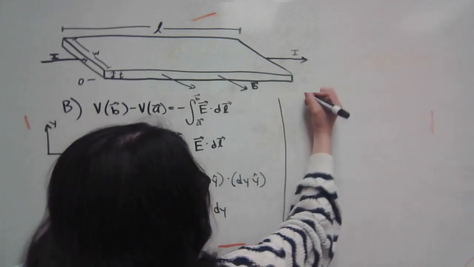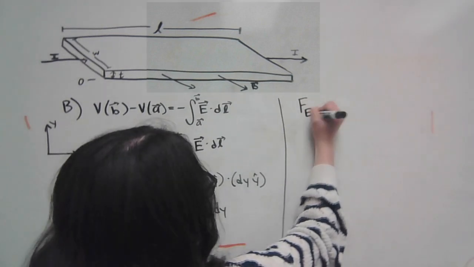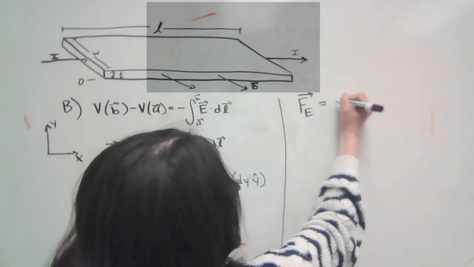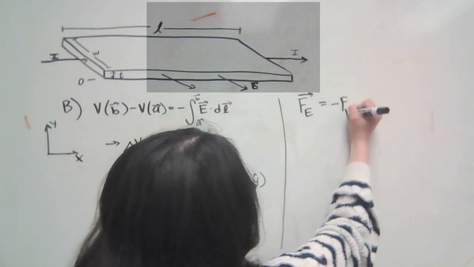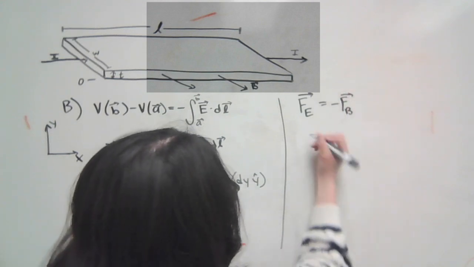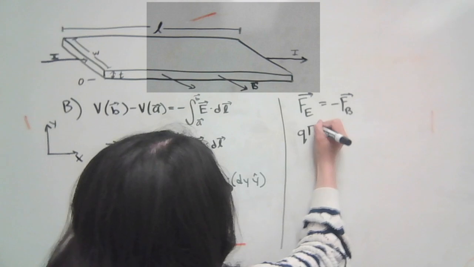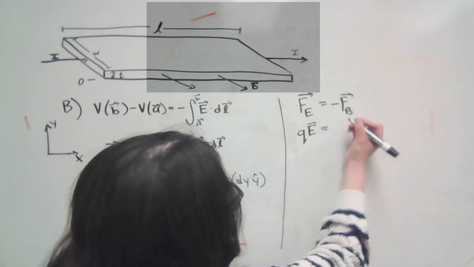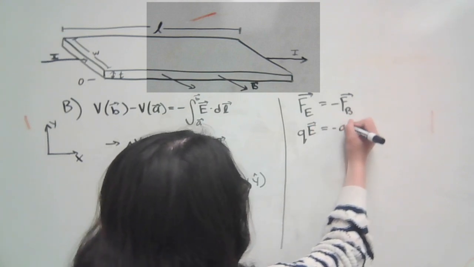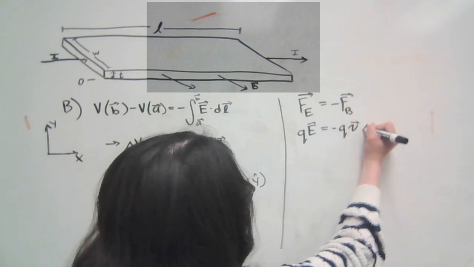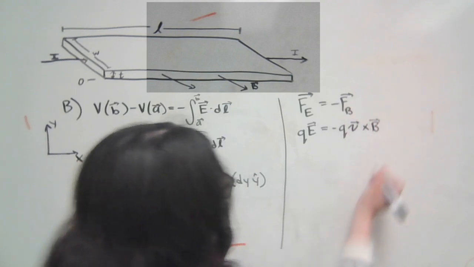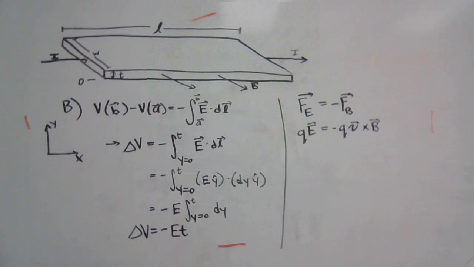So we can write that the force due to the electric field is equal to negative the force due to the magnetic field. We know that this is equal to qE, and this is equal to qv cross B. We already established that the direction of the E field and the v cross B are both in the y-hat direction.